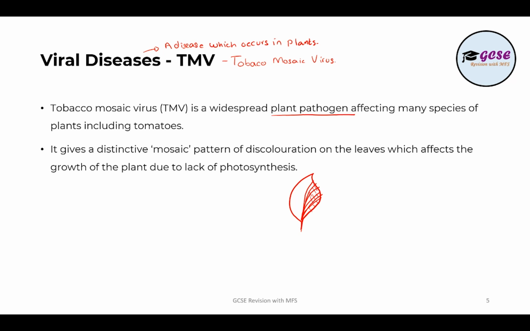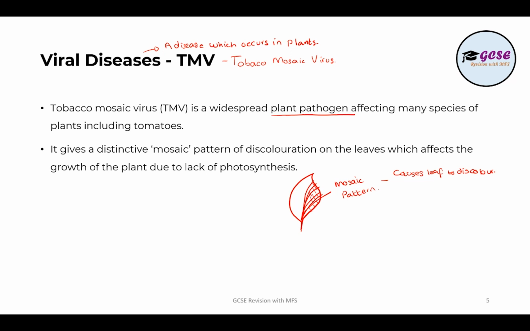Okay, so you can see this mosaic pattern on the leaf, and this mosaic pattern prevents photosynthesis from happening. This mosaic pattern causes the leaf to discolor.